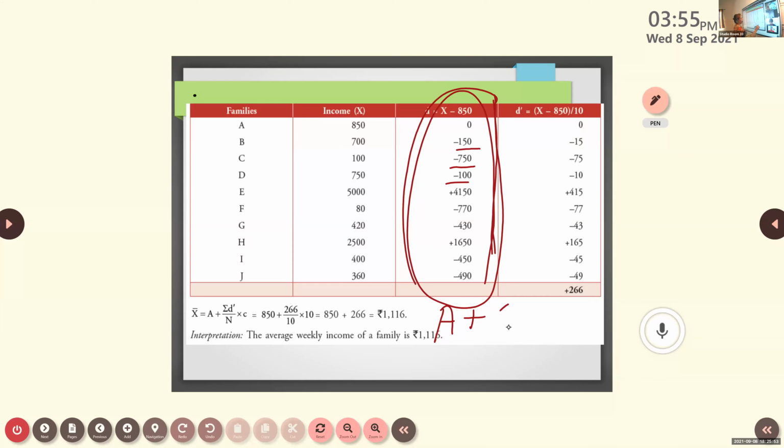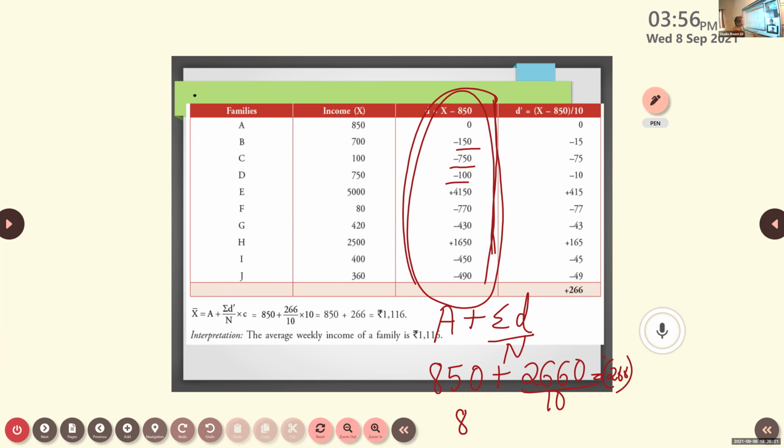Once more, I'm writing the formula. Assumed mean is 850 plus sigma D by N. What is the sigma D? 2660, divided by the number of observations, that is 10. If you divide 2660 by 10, you will be getting 266.